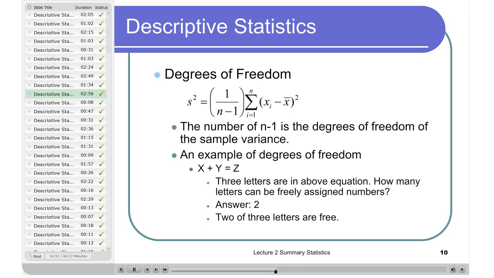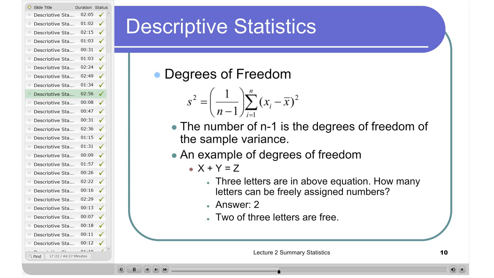So the equation x plus y equals z had 3 variables, but you'll notice that the degrees of freedom was equal to 2. So usually the degrees of freedom in an equation is going to be equal to the number of variables in that equation minus 1. Now if we return to the equation at the top of the page, which is the equation for the sample variance, it makes more sense now that the degrees of freedom is equal to n minus 1, and that's because it's a little more complicated than this, but it's essentially because there are n variables in the equation.